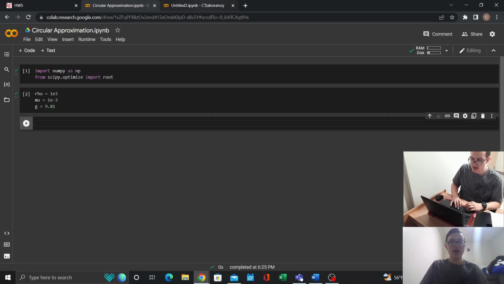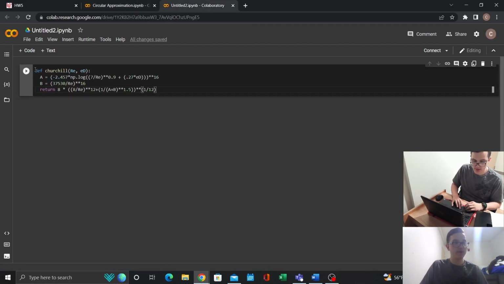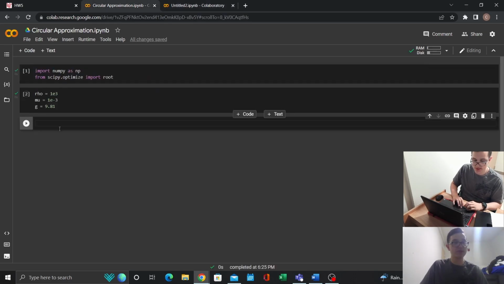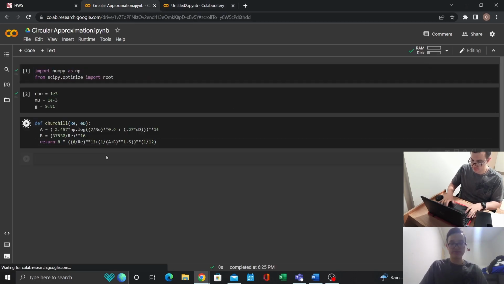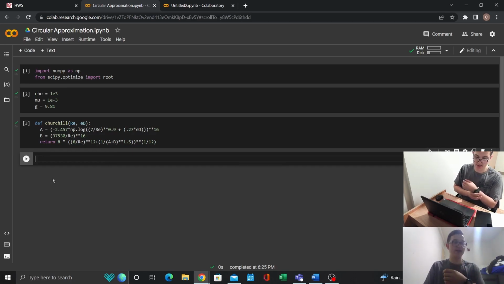As I mentioned earlier, we are going to need the Churchill equation. I just copied this over from a previous section. This will input the Reynolds number and give us the value for the Fanning friction factor.